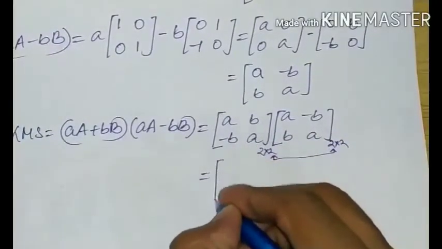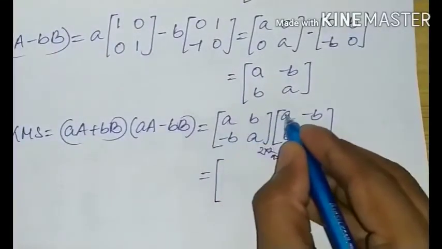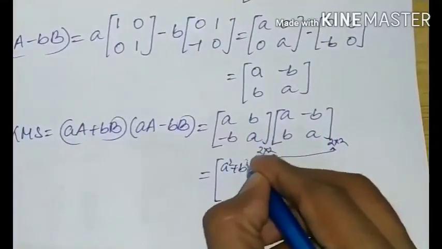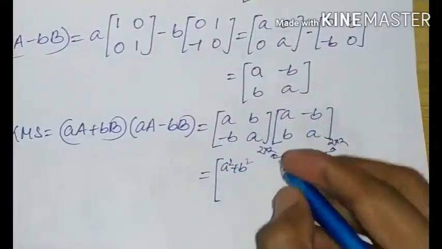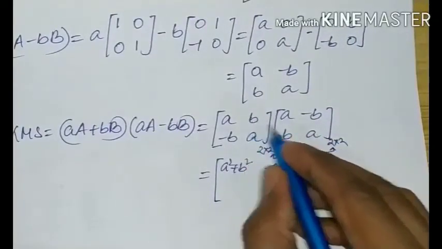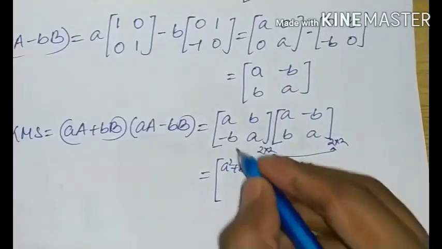Now I'm going to multiply these two matrices. First row and first column will be a into a plus b into b, then it will be a square plus b square. First row and second column: a into minus b, minus ab, and again b into a, that is plus ba.